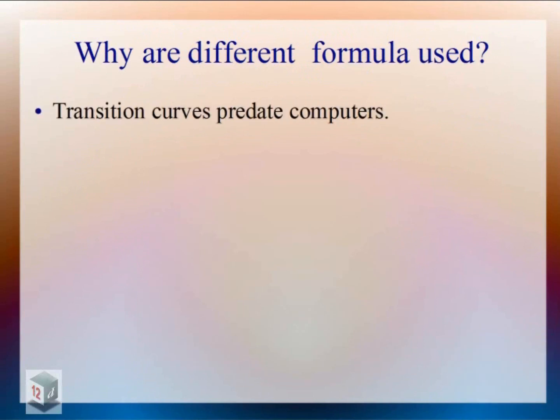Now, why are different formulae used? This is why this world of transitions is such a big mess. Transition curves predate computers by maybe 100 years. People were building railways from the 1850s, and they already knew then that they had to transition from straights into tight curves. So they had to be mathematically quite simple.